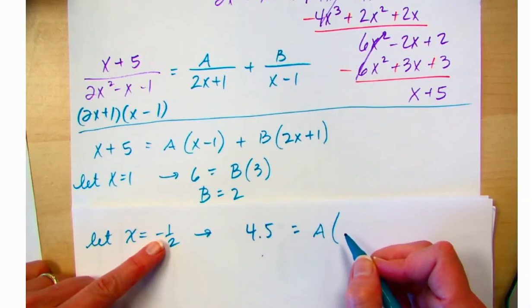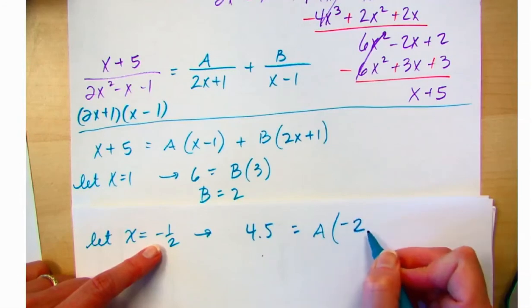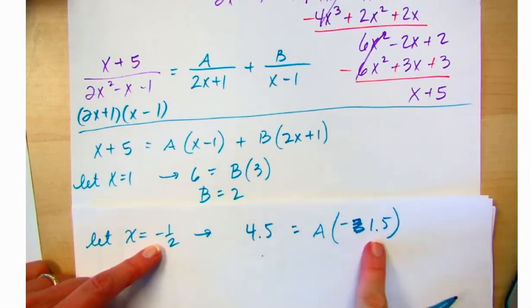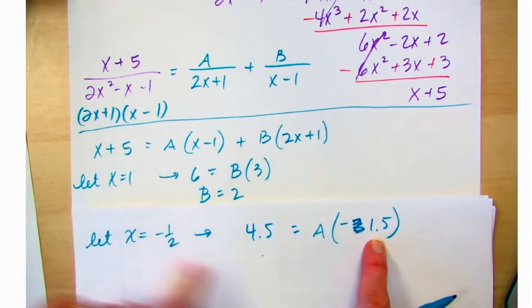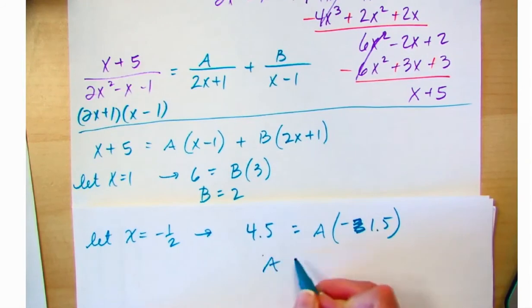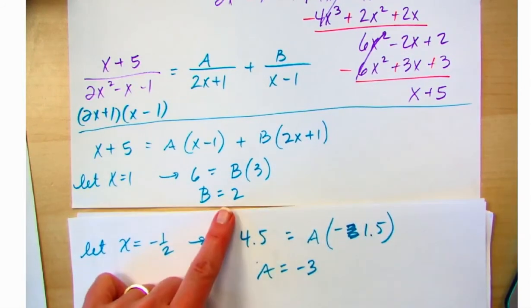That's going to be negative 1/2 minus 1. That is negative 2.5, right? Nope, negative 1.5, sorry. And then how many $50s would it take to make 450? It would take 3. So a is negative 3. So a is negative 3, b is 2.